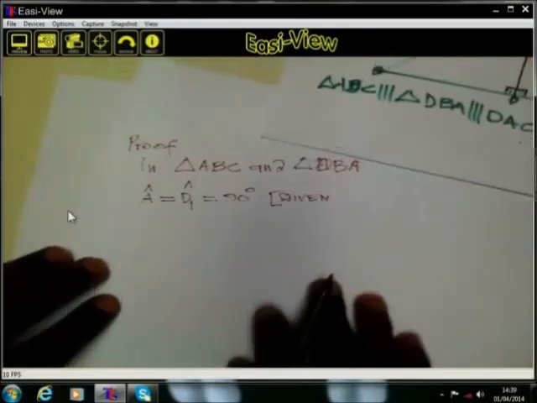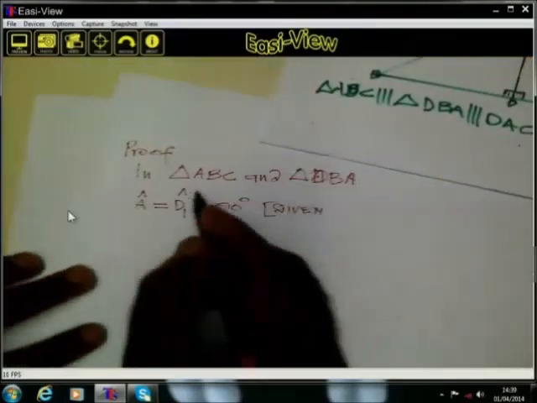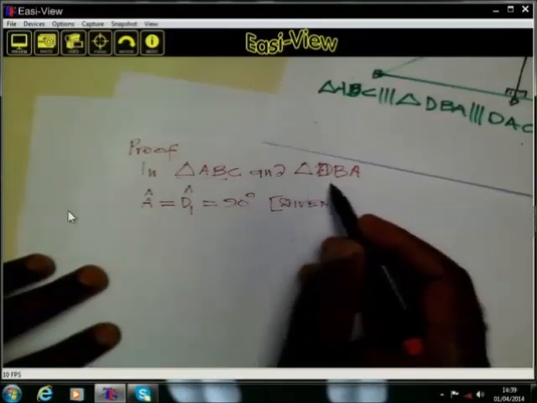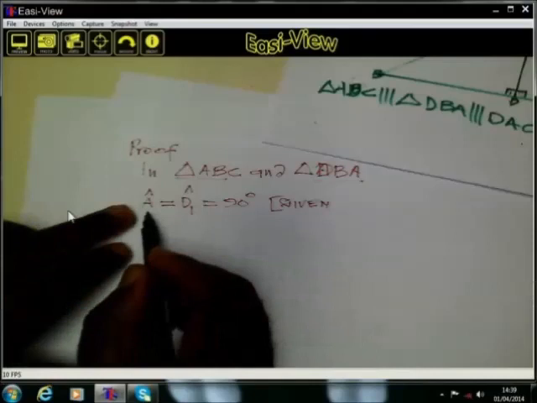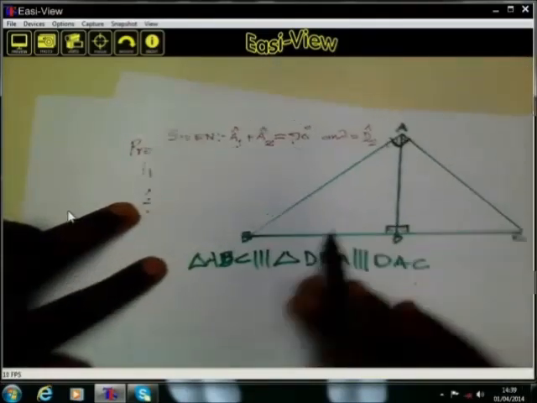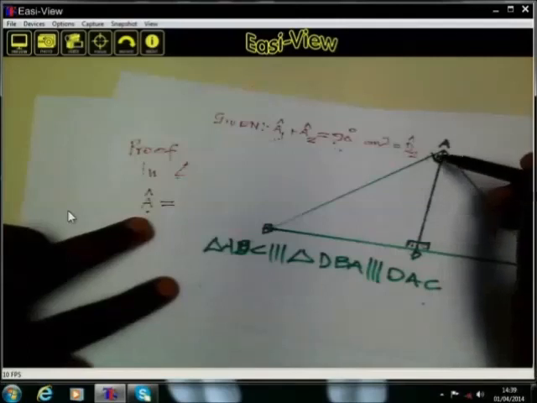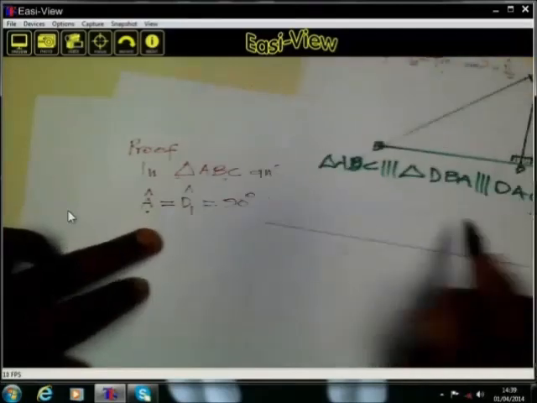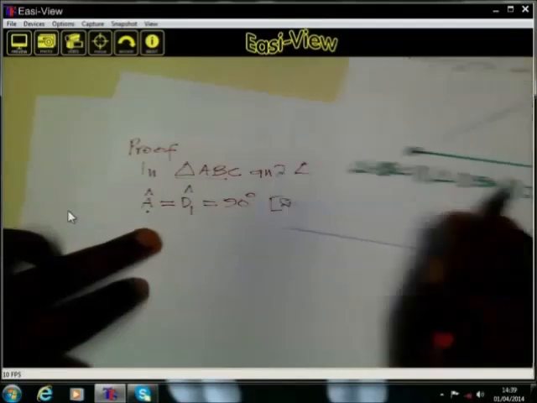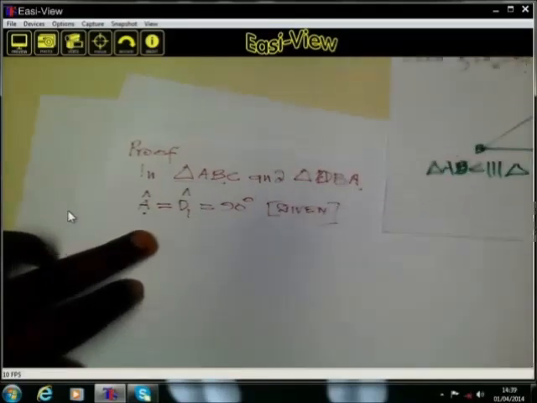That's the first thing that we can come up with from the two triangles in question, triangle ABC and triangle DBA. Angle A is for triangle ABC and angle D1 is for DBA. Both of them are equal to 90. The reason there is given.